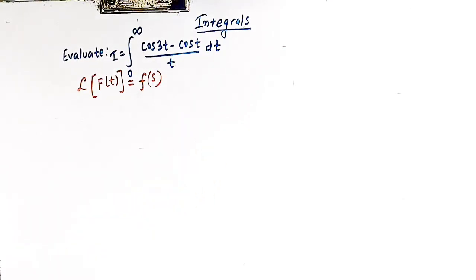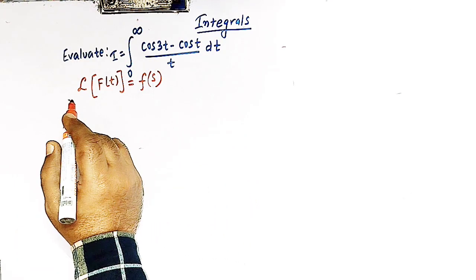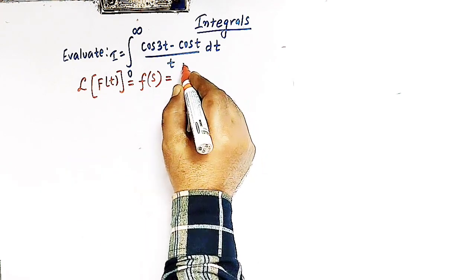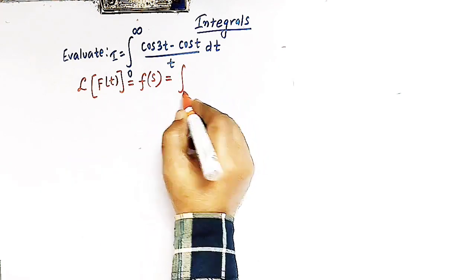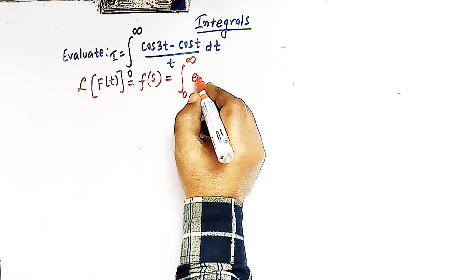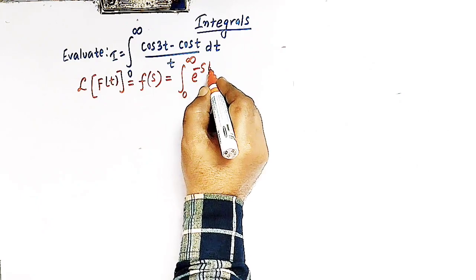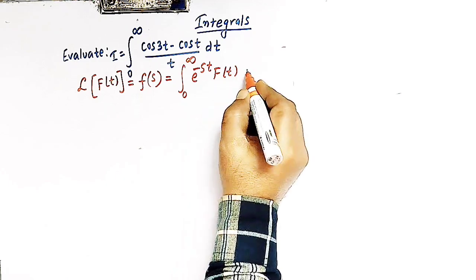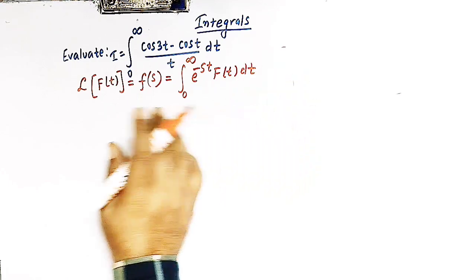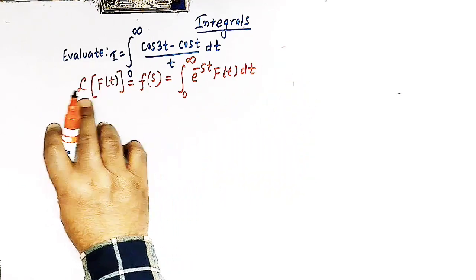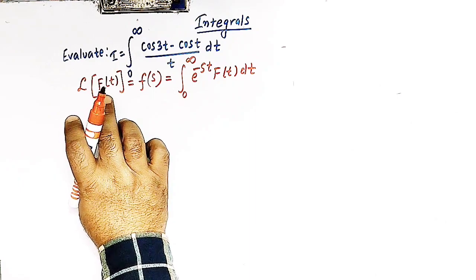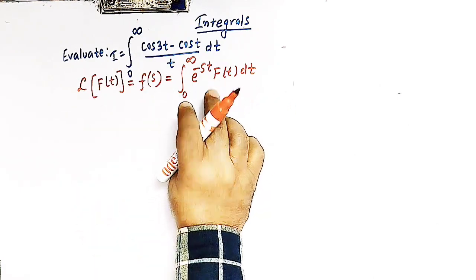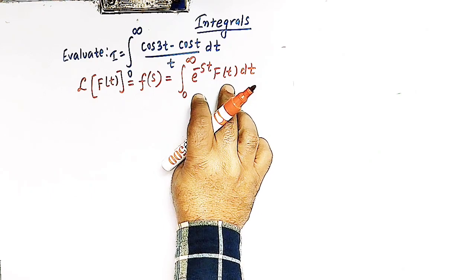By the definition, we have the integral 0 to infinity e raised to minus s t times f of t dt. So this is the notation and the definition of the Laplace transform of f of t.